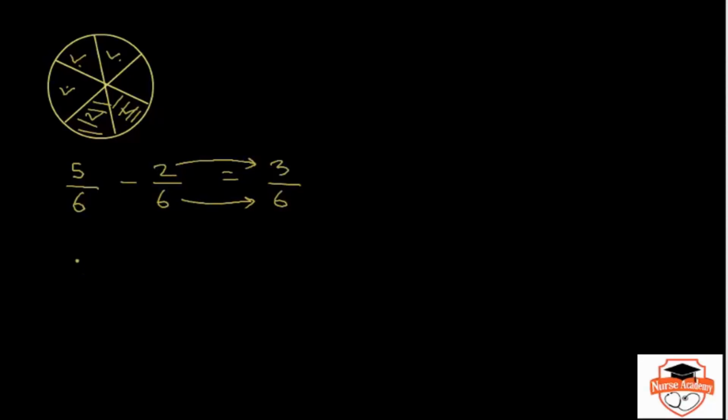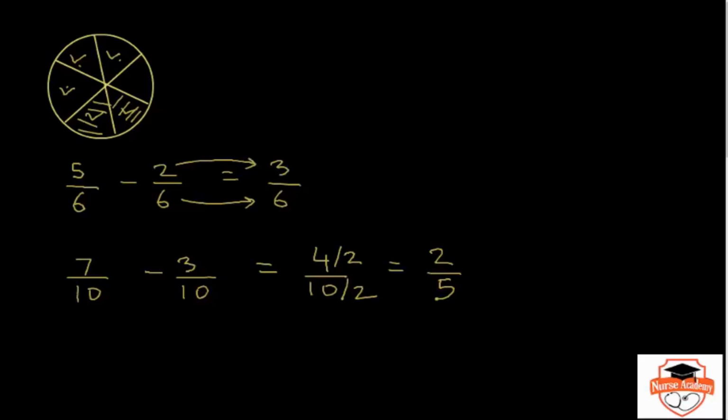And in the same way, 7/10 minus 3/10 is going to give you 7 minus 3, which is 4 over 10, 4/10. And that can be simplified. You can divide 4 by 2 and 10 by 2. You end up getting 2/5. And you can actually add and subtract more than 2 fractions in the same way.